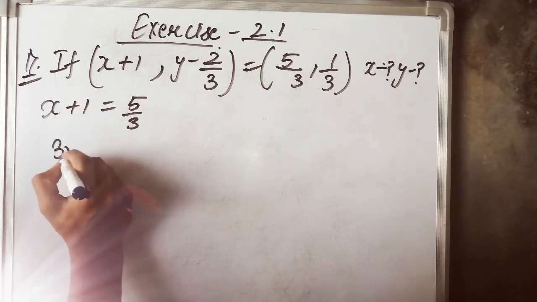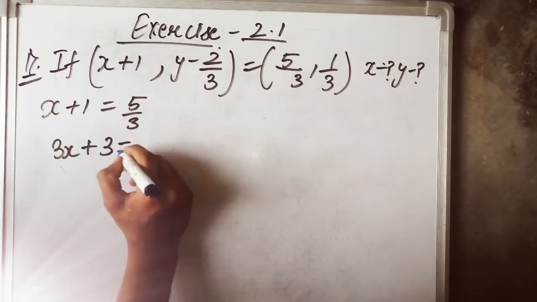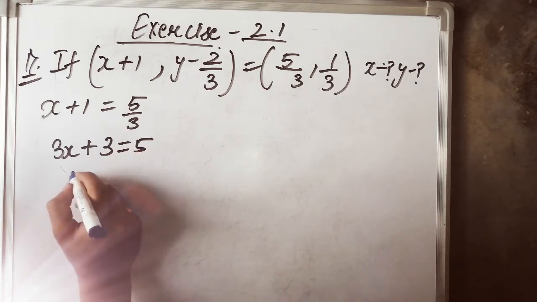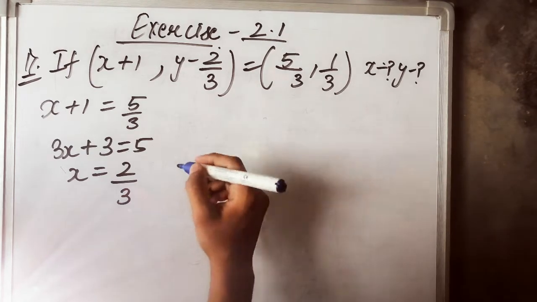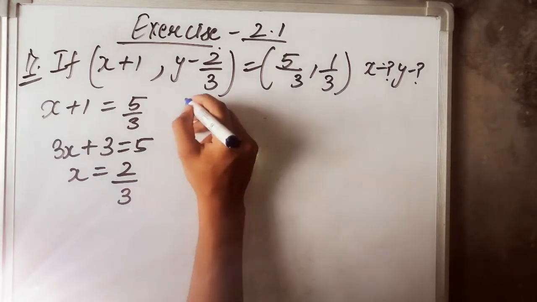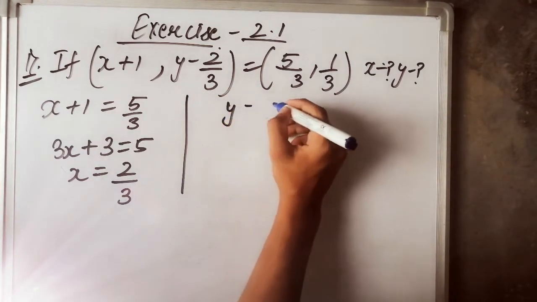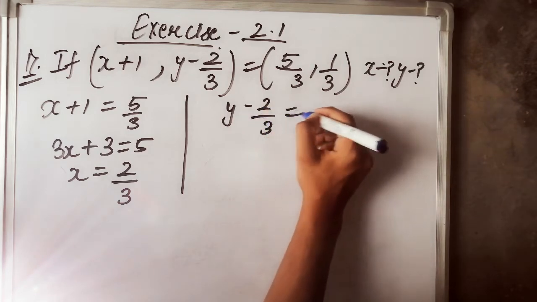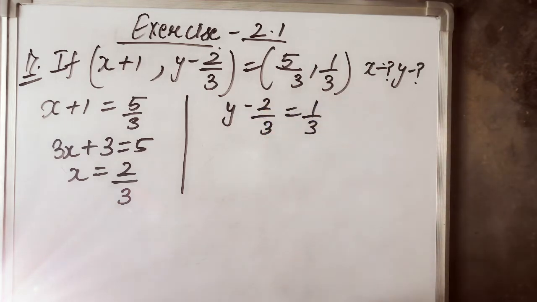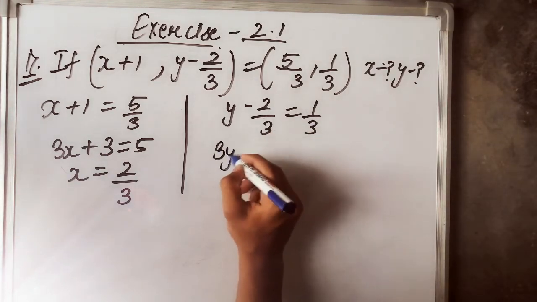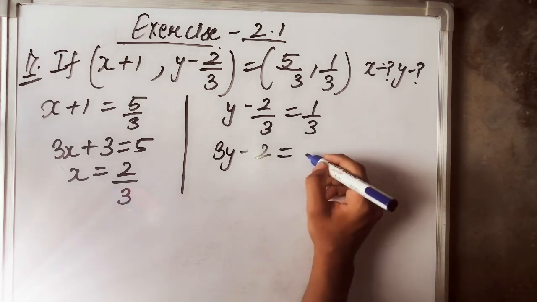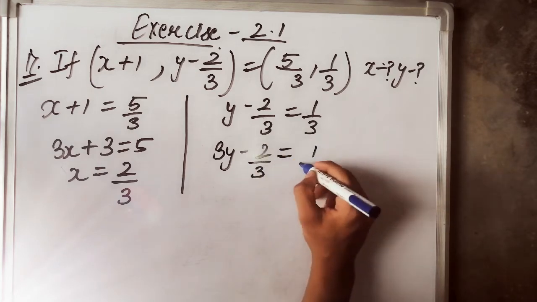We have 3x plus 3 equals 5, and x equals 2 by 3, and y minus 2 by 3 equals 1 by 3. I know some of you may be cutting this 3 with 3, but don't do so. 3y minus 2 equals 1 by 3.